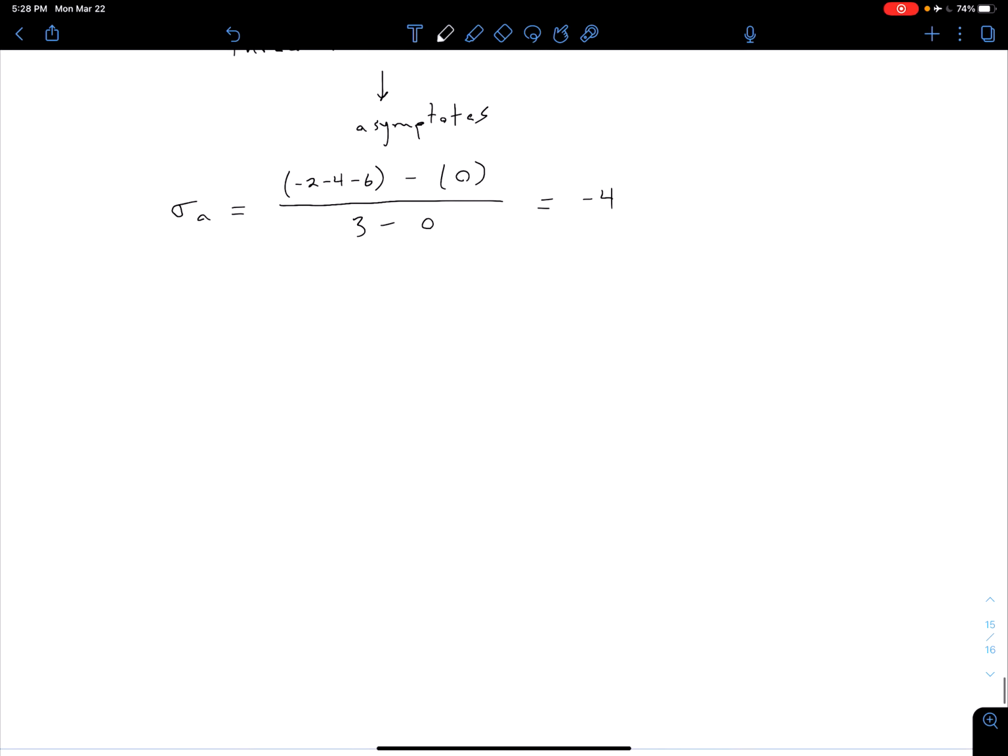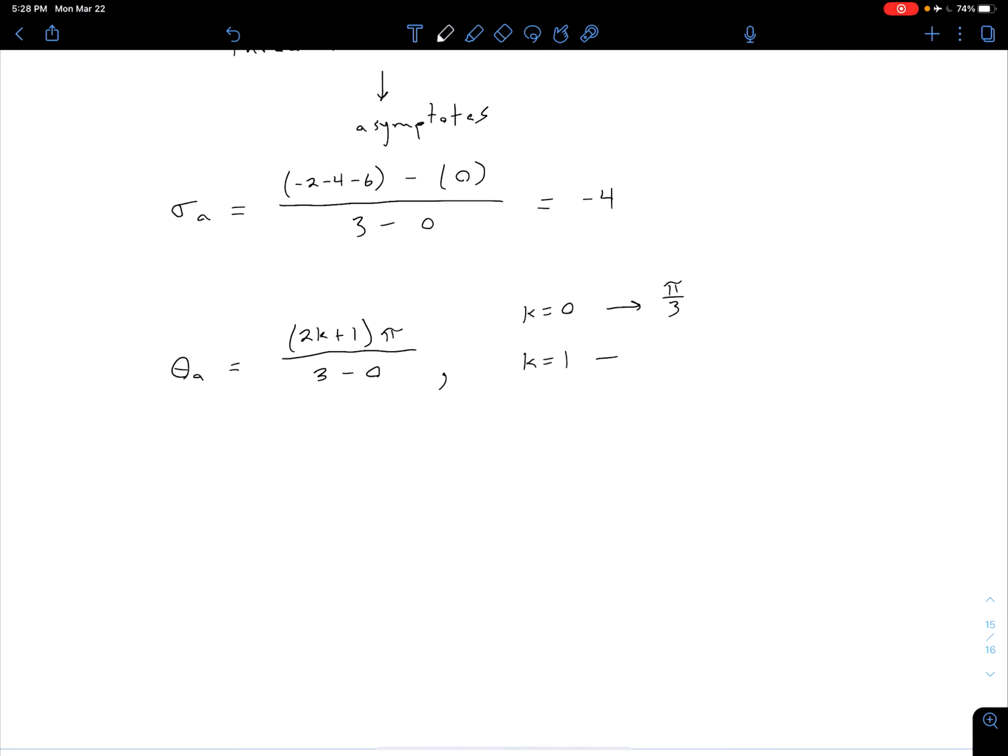Now for our theta sub a, this is going to be (2k plus 1) times pi divided by the number of finite poles, which is 3, minus the number of finite zeros, which is 0. Remember that k is going to be 0, 1, 2, and so on. For k equals 0, that gives us an angle of pi thirds.